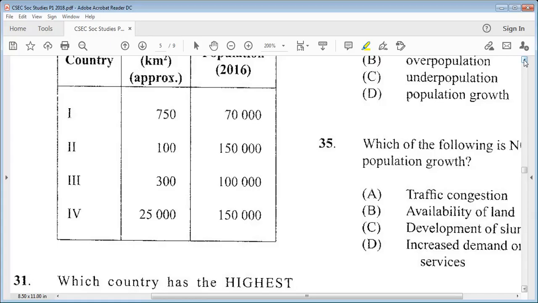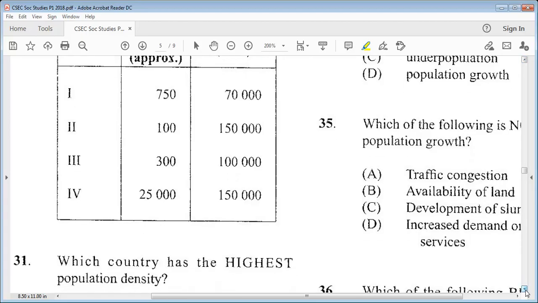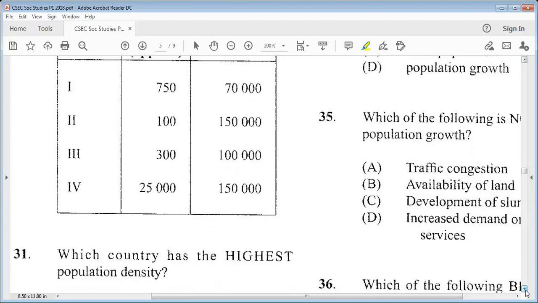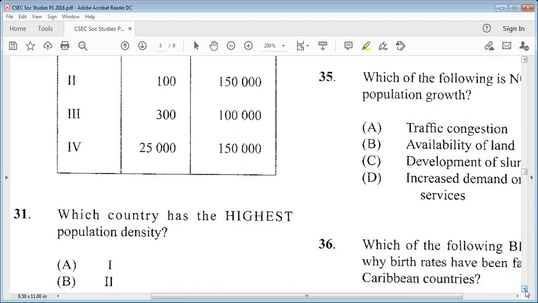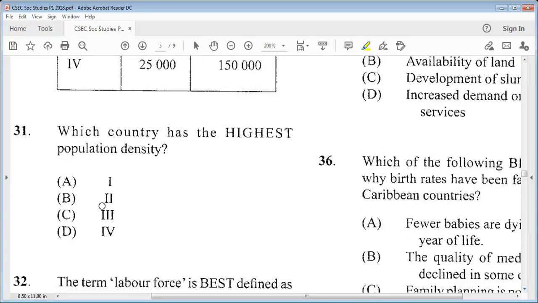Let's look at country 3. It has a population of 100,000. So we're going to divide that by 300, and we get 333.33. Let's look at country 4. We divide 150,000 by 25,000, and we're going to get 6. So based on our workout, the country that has the highest population density is country 2. So our answer is B.